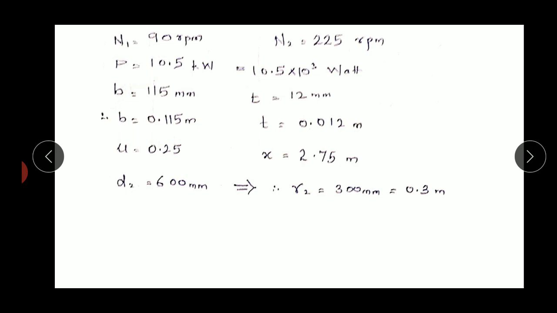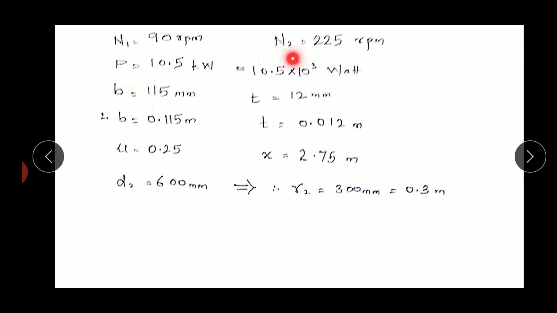Now the diameter of the smaller pulley. You need to observe here which diameter is lesser, whether D1 is given or D2 is given. You can observe that the driving pulley is rotating at 90 rpm and the driven pulley is rotating at 225 rpm. That means it is running at a smaller speed and it drives the other pulley at higher speed.